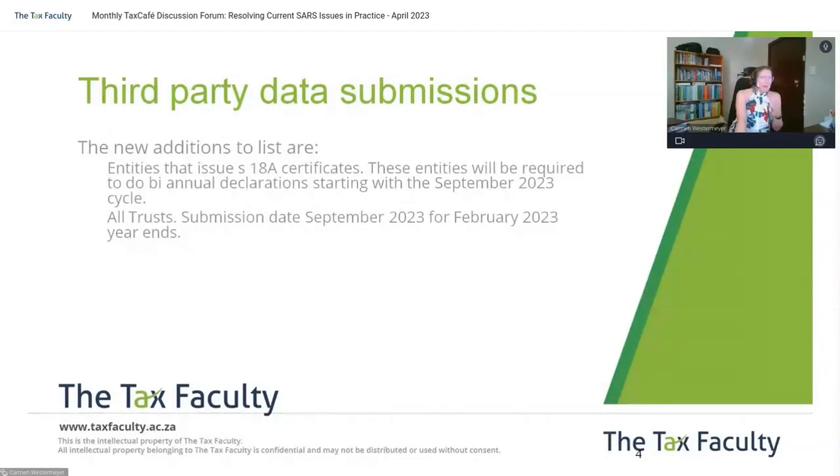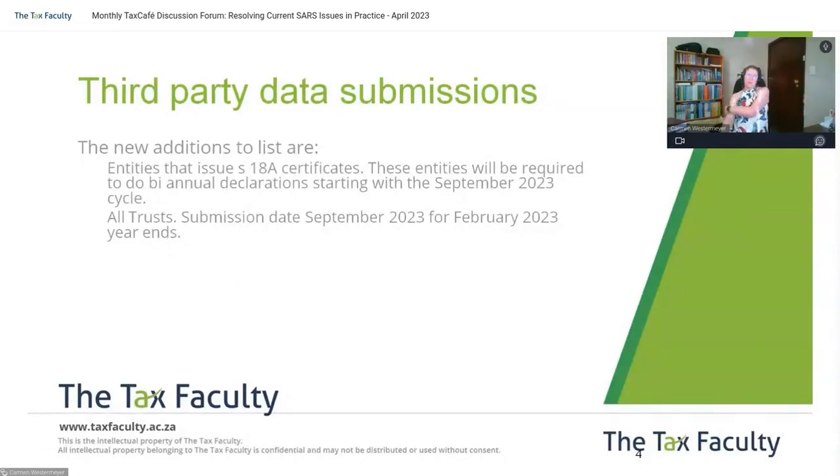Pragmatically, and I'm not going to spend more time than this on it because we've got enough other stuff to discuss, what it means for us is that we need to figure out how to have capacity within our practices, be those tax firms, accounting firms, or any combination in between, to take our Feb 2023 information and generate the submission by September.